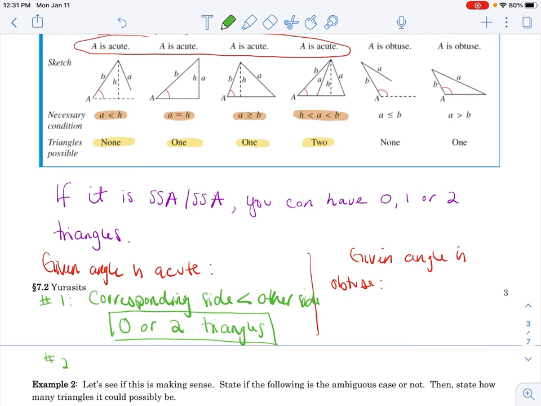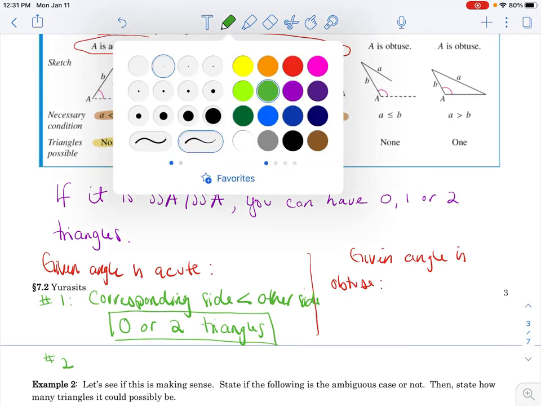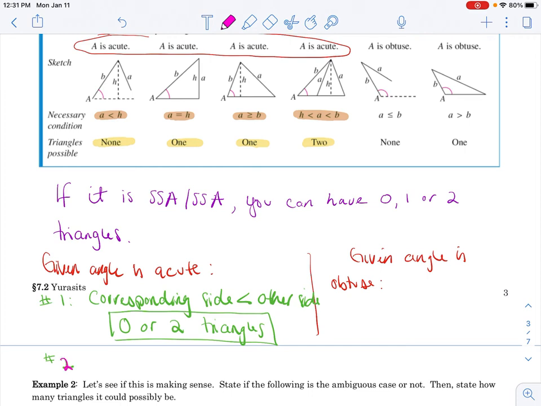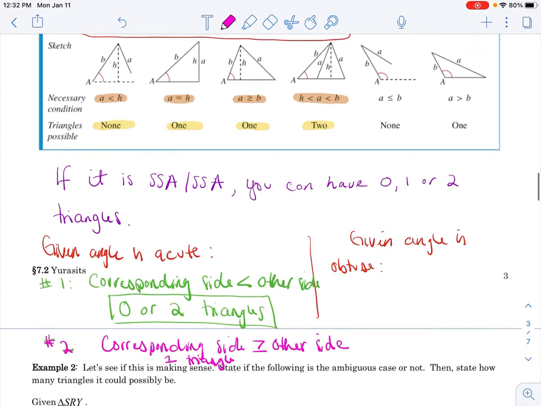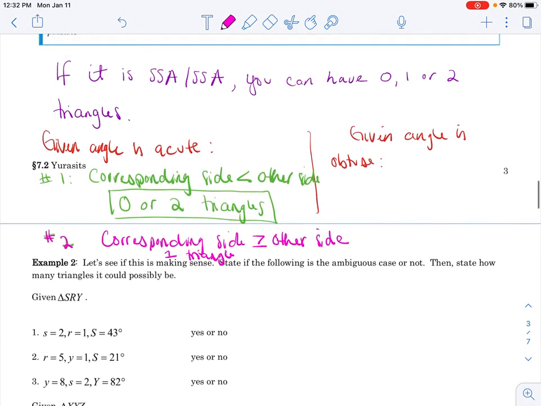Now, option 2 is, let's change colors to make it stand out, your corresponding side is larger than the other side. And actually, I can say larger or equal to. Then you're going to have one triangle. So let's make sense of that. I'm going to talk about obtuse angles in a second, but we're only going to look for acute angles.